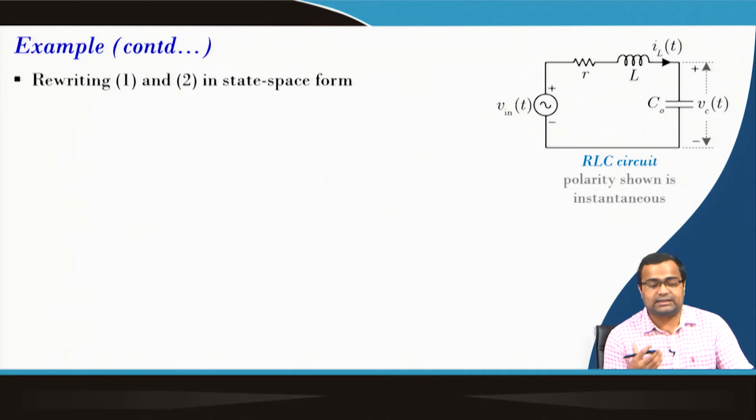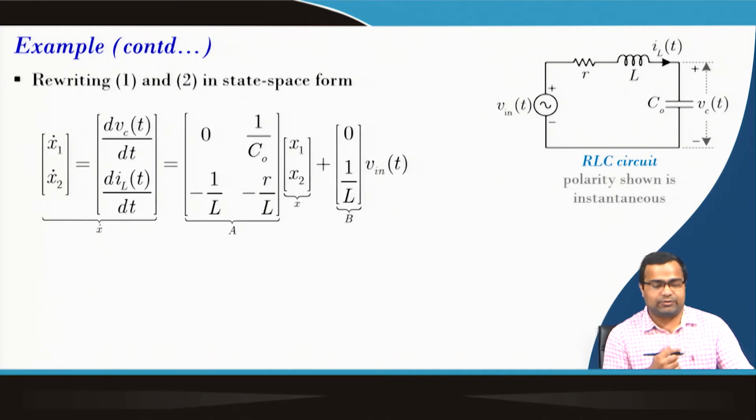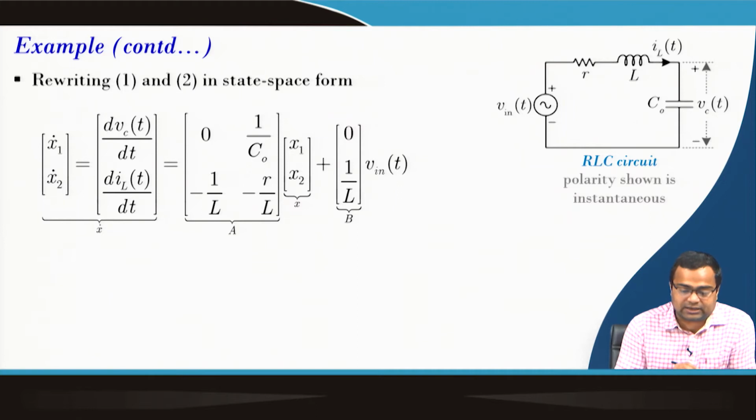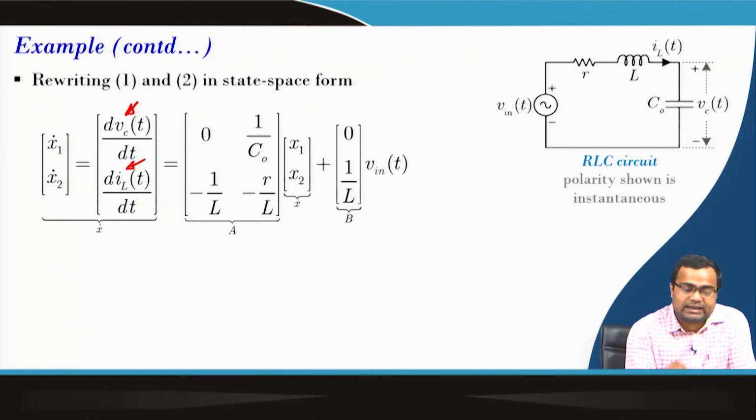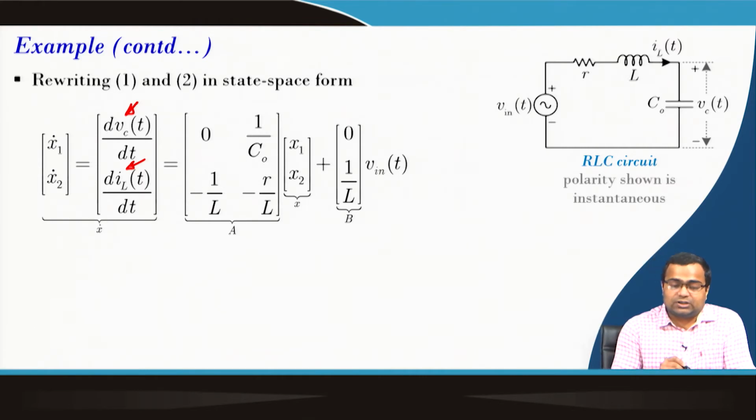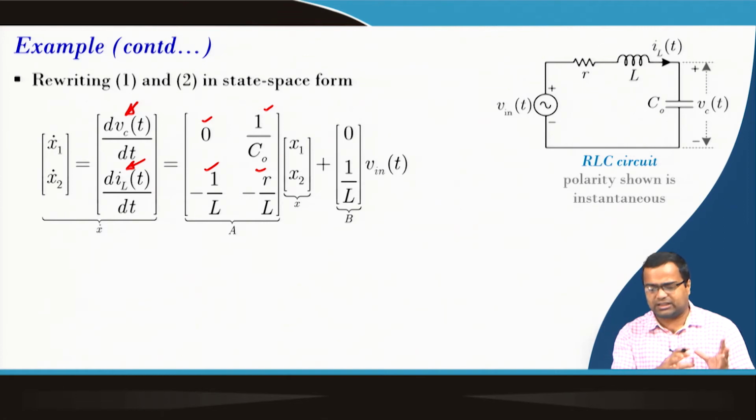Then for this series RLC circuit, if we write the state space equation, we have taken state 1 to be the capacitor voltage and state 2 to be the inductor current. So, we can write in terms of A and B matrix, where the A matrix consists of 4 elements. These equations we already wrote in the previous slide and we can just plug in.